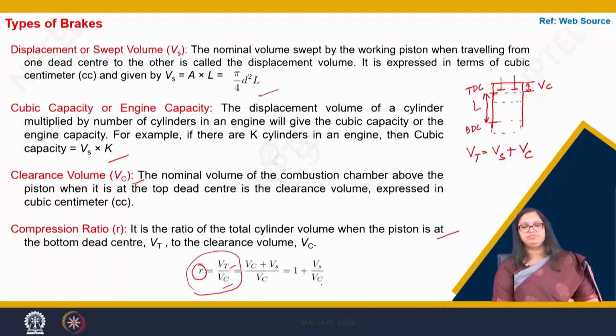Generally, for any spark ignition engine, my compression ratio is around 6 to 10, but for a compression ignition engine, that is a diesel engine, my compression ratio goes as high as 16 to 20. So, this defines that the efficiency of a diesel engine is higher. There are other factors which also lead to why it has a higher compression ratio and how its efficiency increases. We will be discussing that in the subsequent chapters.